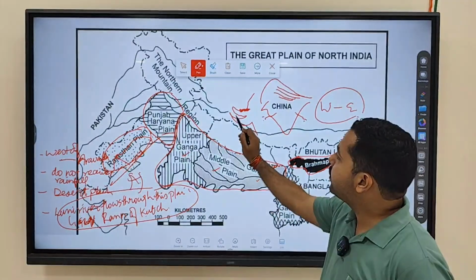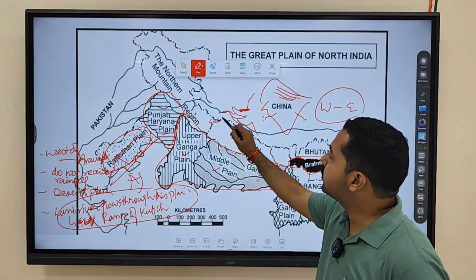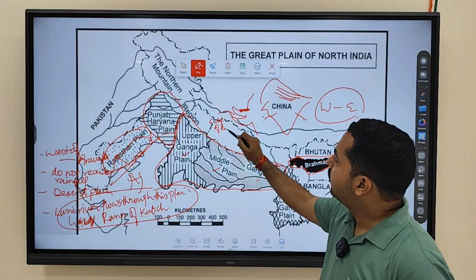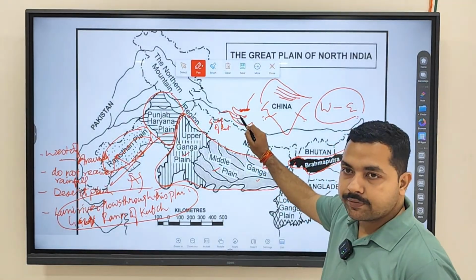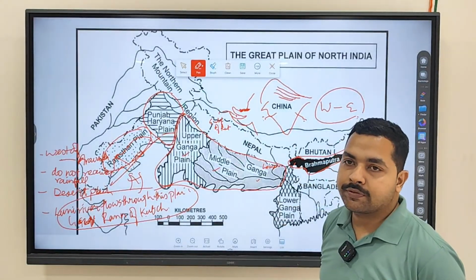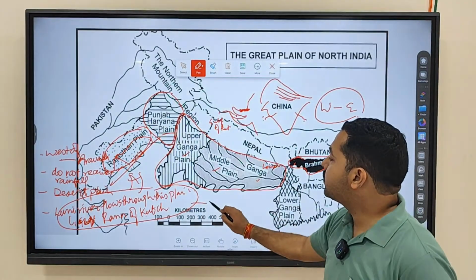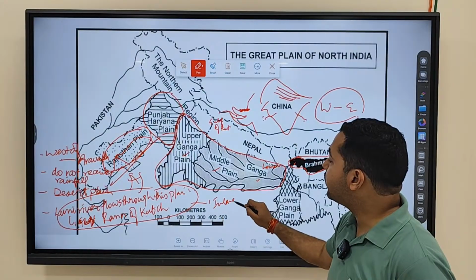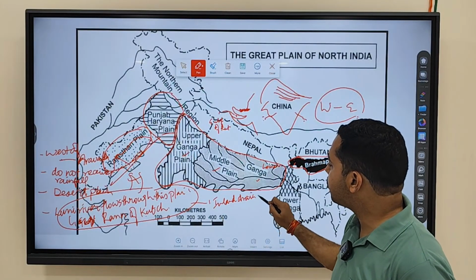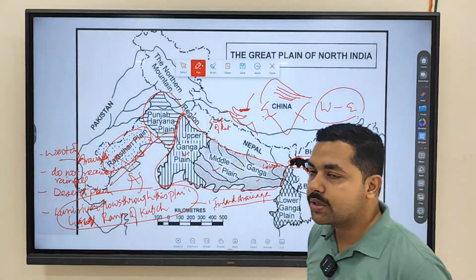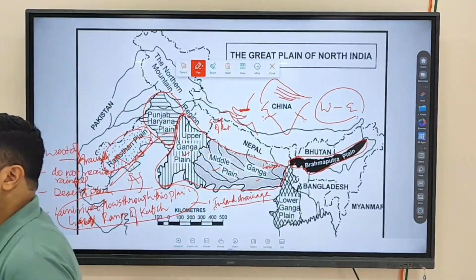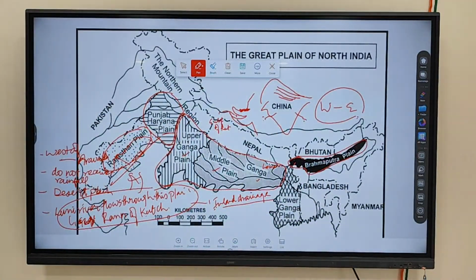Clear? Don't confuse it with the Gulf of Kutch. The Gulf of Kutch is different. This lower part is called the Gulf of Kutch, and this upper part is called the Rann of Kutch. That's why we say the Luni river forms an inland drainage. Inland drainage means it does not join any sea. It joins the Rann of Kutch region.